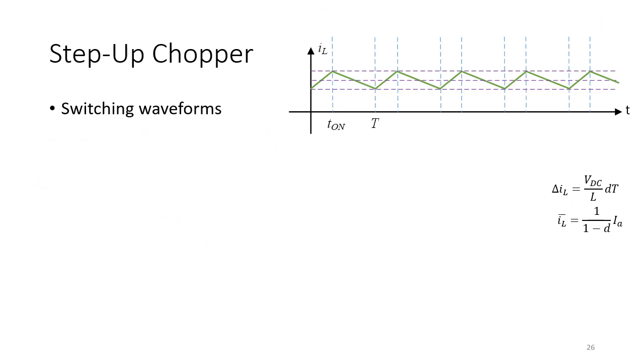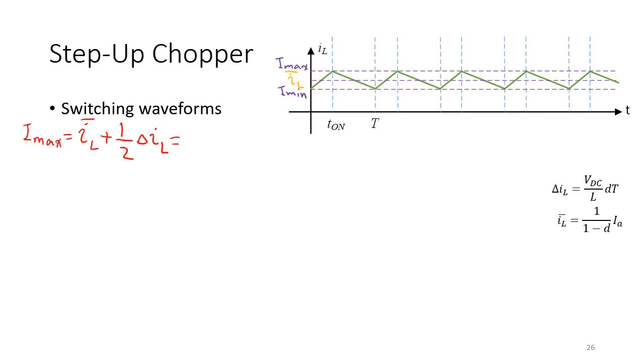So we may be interested to calculate Imax, Imean, and here we have IL average. Because the changes are linear, we use a very similar formula here. Imax is equal to IL average plus half delta IL. Remember this IL here is the input current, don't confuse it with what we have done in the half bridge and full bridge.